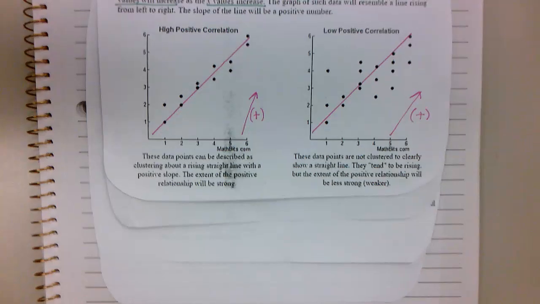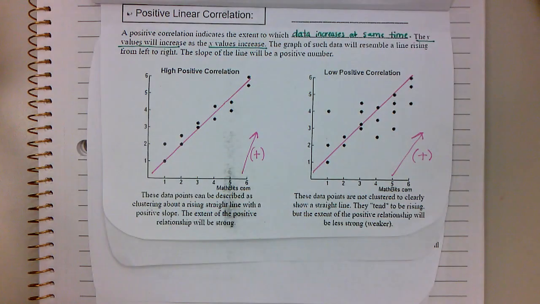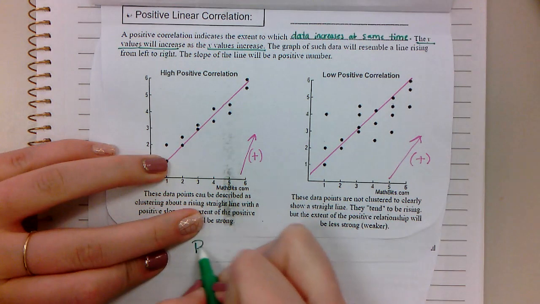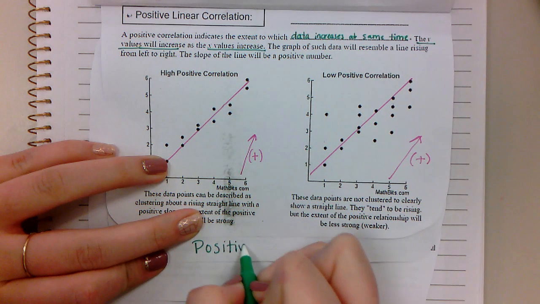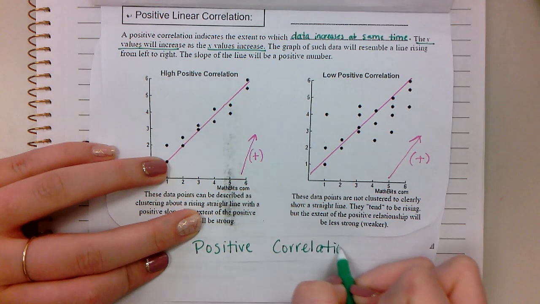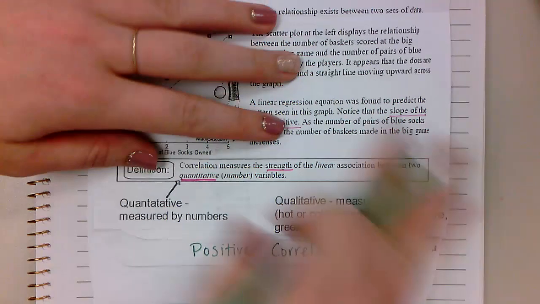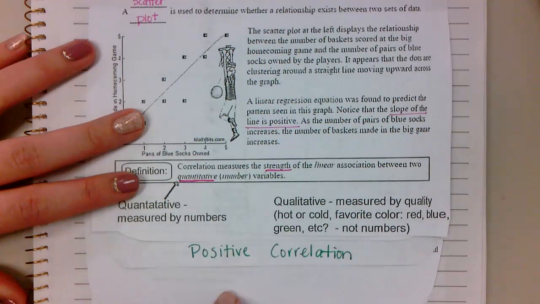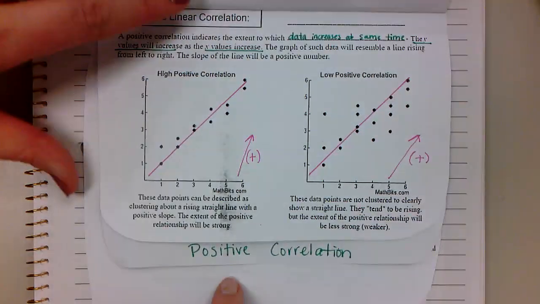So for this first tab, I want you to write positive correlation. So that way, when this is folded down, we can see our first tab is talking about positive correlation.